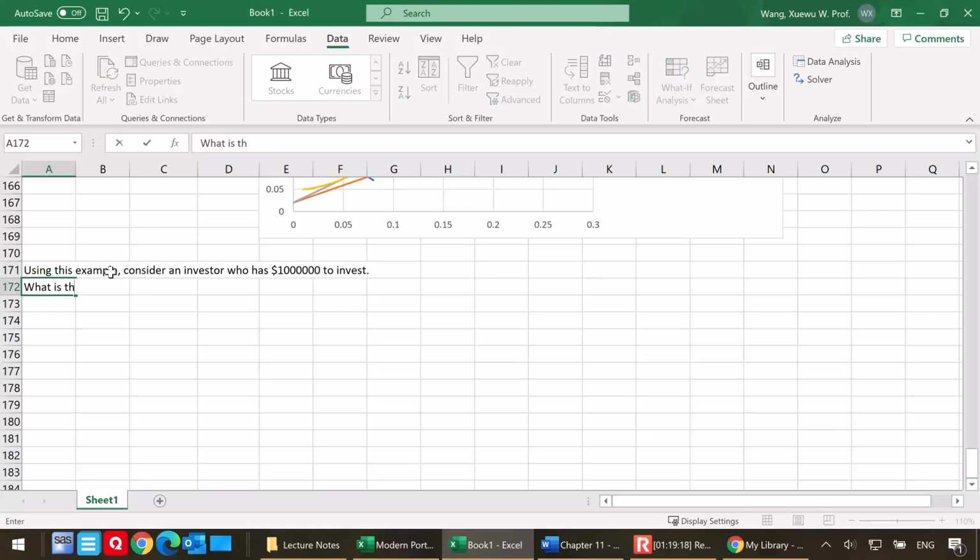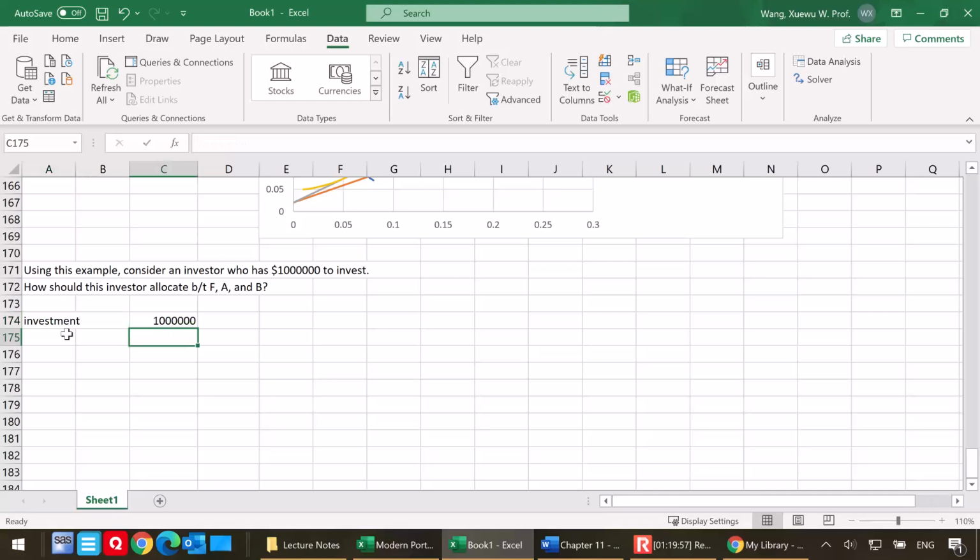All right, what is his allocation, or I should say, how should this investor allocate between F, A, and B? All right, so this is closing the loop here. We have $1 million to invest, and so the investment is $1 million.